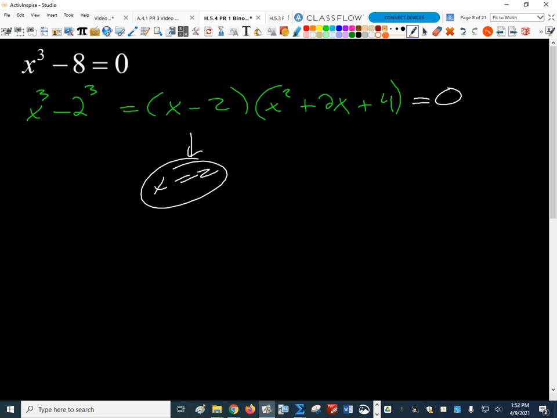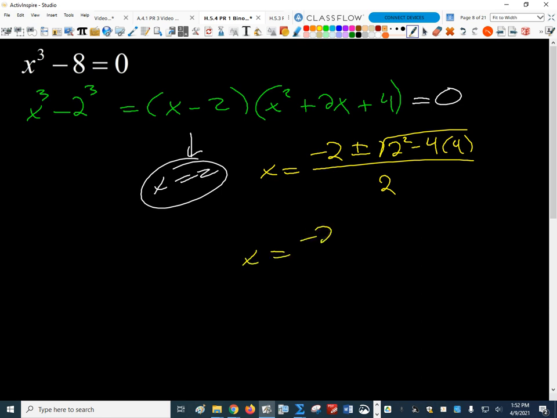Okay? So if I apply the quadratic formula here, look what happens. I get x equals negative b plus or minus the square root of b squared minus 4 times 1 times 4, all over 2 times 1, right? Okay, so that's going to give us x equals negative 2 plus or minus the square root of 4 minus 16, which is negative 12, all divided by 2.